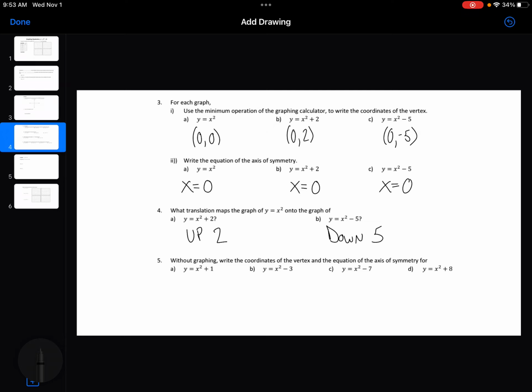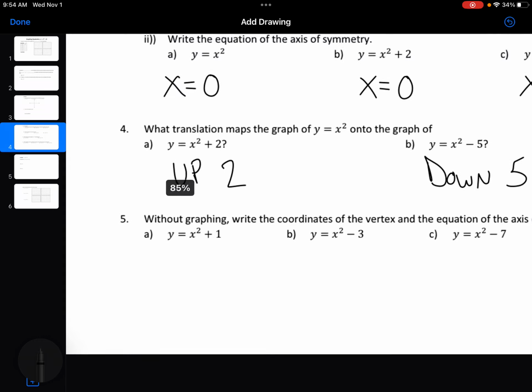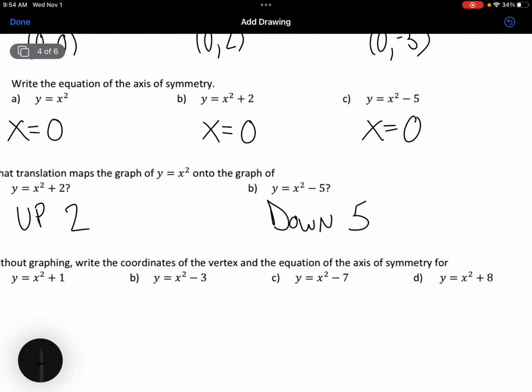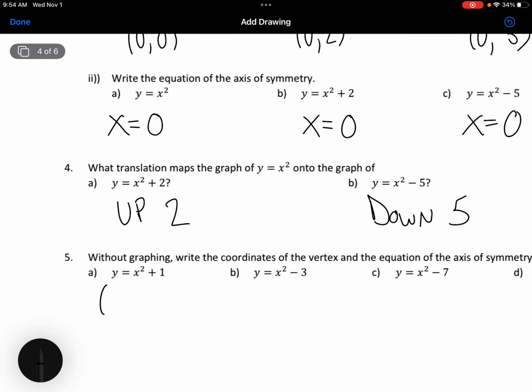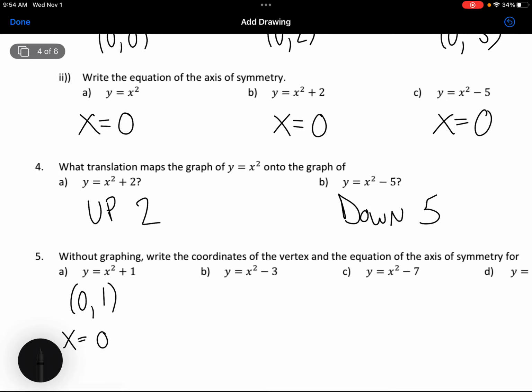So without graphing, write the coordinates of the vertex and the equation of symmetry for these. Well, I know that all of my values are going to have a vertex with a 0 for my x because I'm not moving it left or right. So this is going to be 0, and then I've moved the whole graph up 1, so it would be 0, 1. The axis of symmetry is just x equals 0.